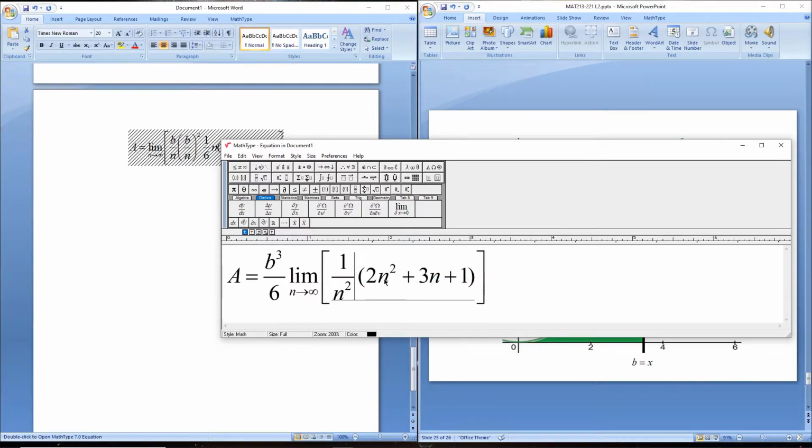And then we're going to take this 1 over n squared, stick it into the parentheses, which means we're going to divide everything in the parentheses by n squared. So n squared divided by n squared is 1. n divided by n squared will be 1 over n. And then 1 divided by n squared is 1 over n squared.